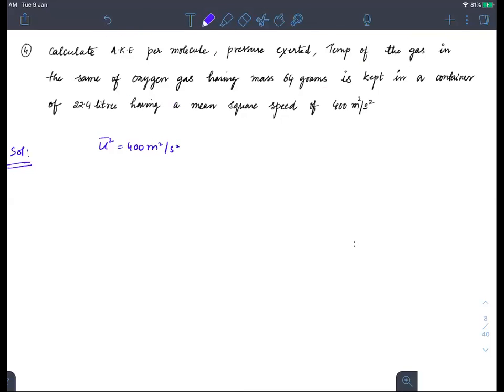U bar square, the mean square speed, is 3RT by m, right? Because the root won't be there, which implies temperature would be u square bar into m by 3R.